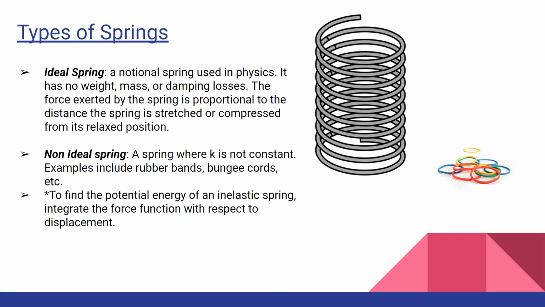This ideal spring has no weight that has to be accounted for in your mechanics equation, no mass or damping losses. The force exerted by the spring is proportional to the distance the spring is stretched or compressed from its equilibrium or relaxed position. You will typically see ideal springs drawn as coil springs in physics diagrams.